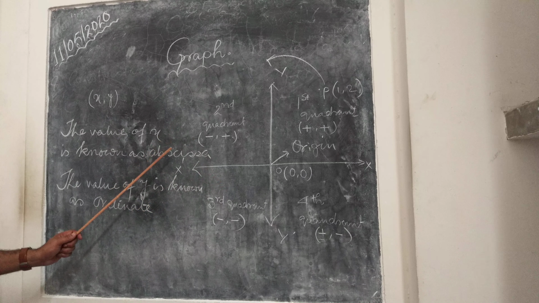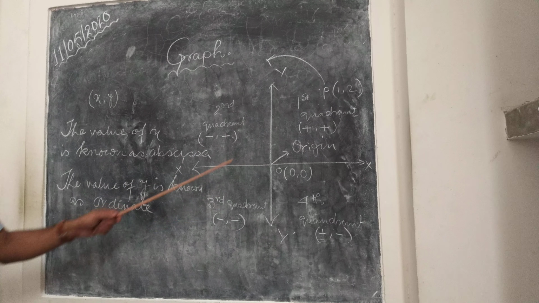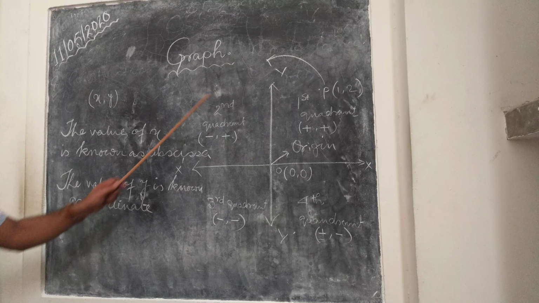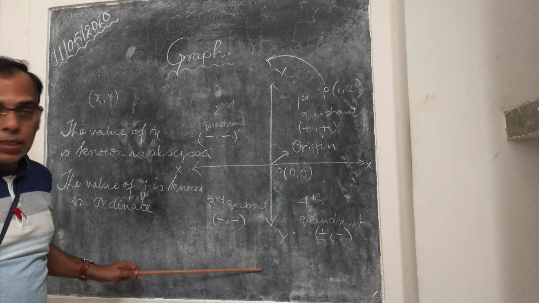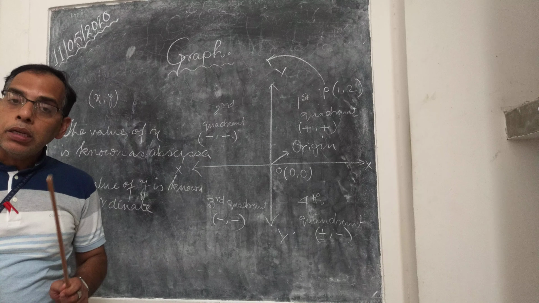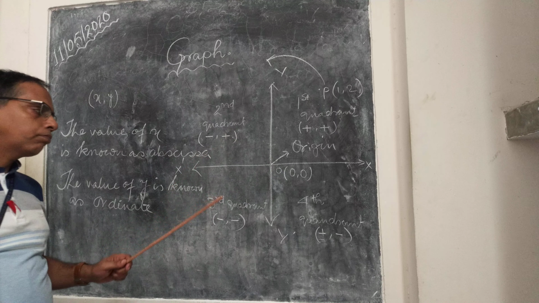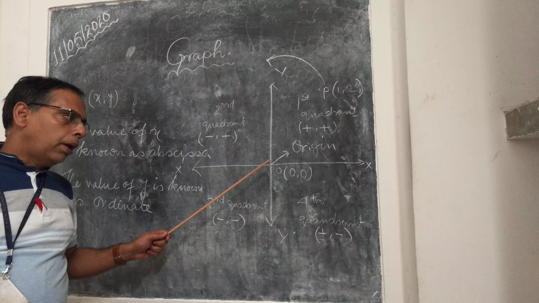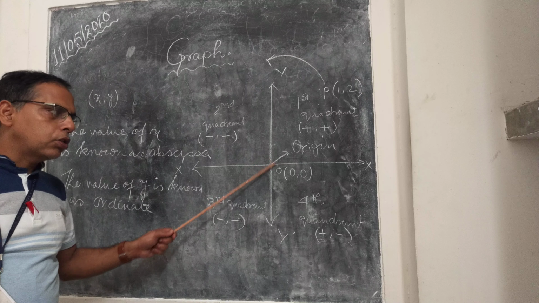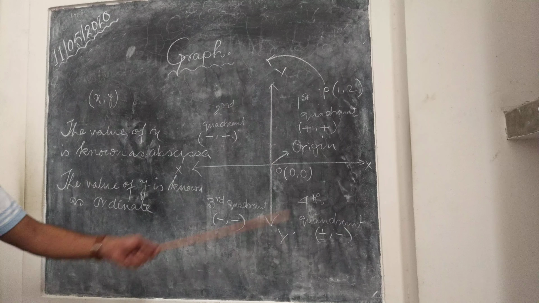Once again, we got two axes, x'ox and y'oy. x'ox is known as the x-axis, y'oy is known as the y-axis, and these two axes intersect each other at right angles. The point of intersection of the two axes is known as the origin. The coordinate of the origin is (0, 0).